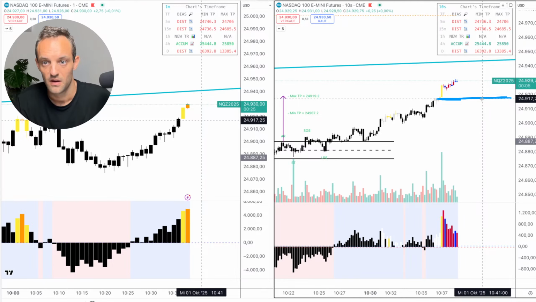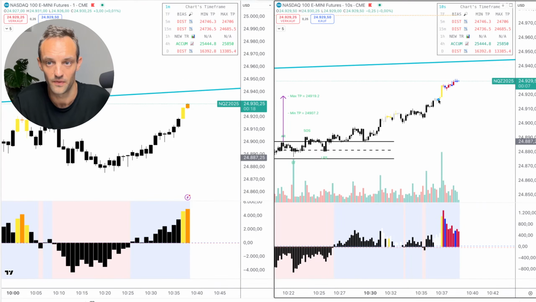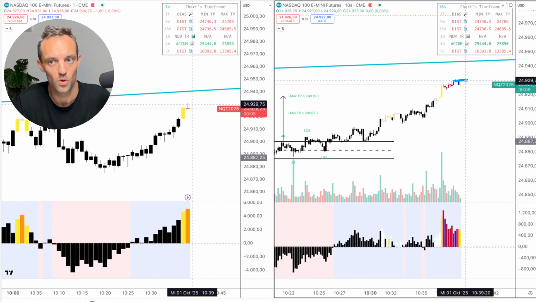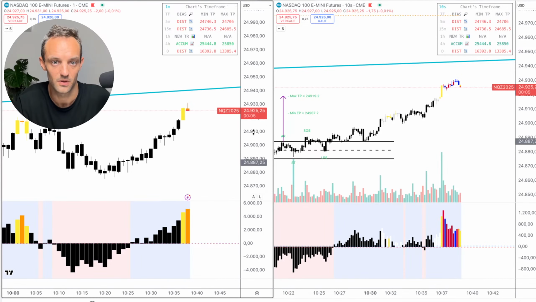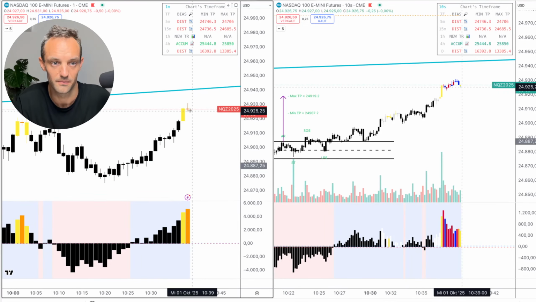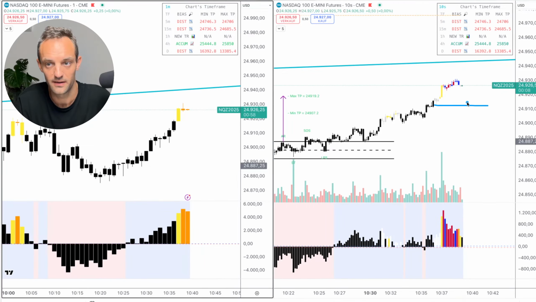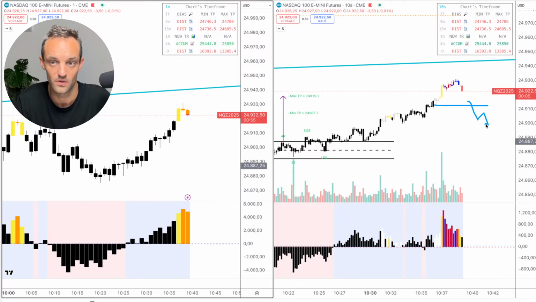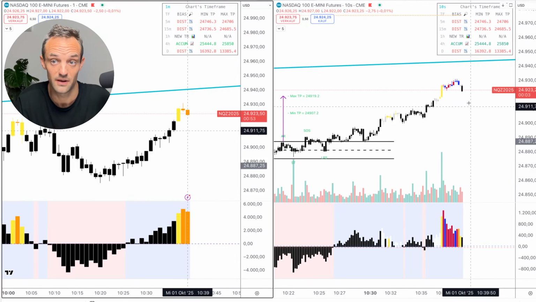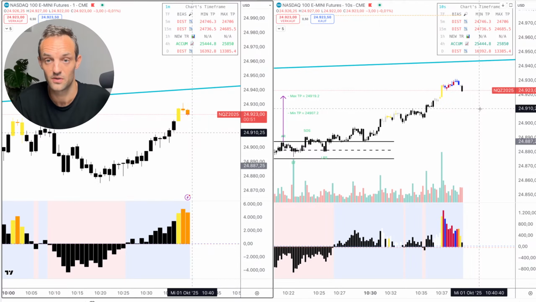Everything which is above 24,917, so the area where the candle starts, all the corrections in here we can scale in to, more or less to new highs, because of the situation we see in the 1-minute chart. Only when we fail and go below, then it's a reversal sign and we need to leave our long trade and potentially trade in the short direction.